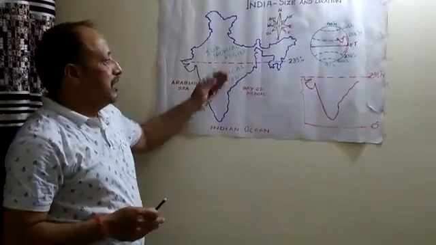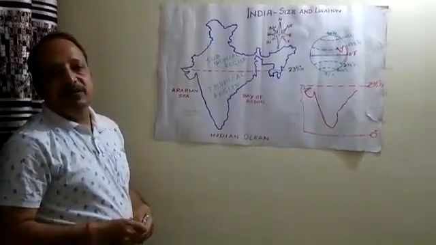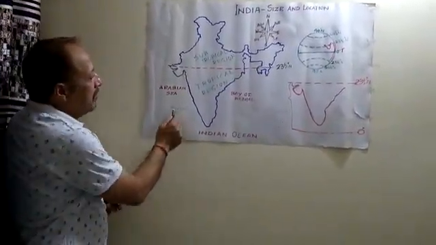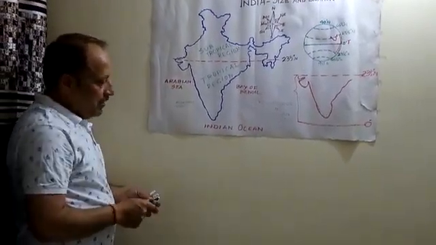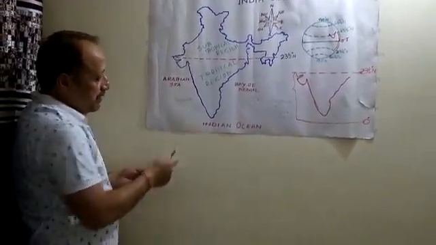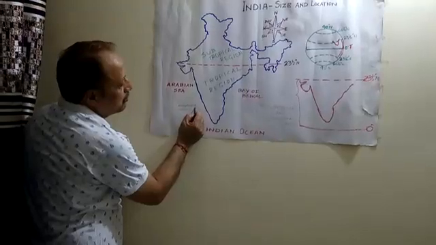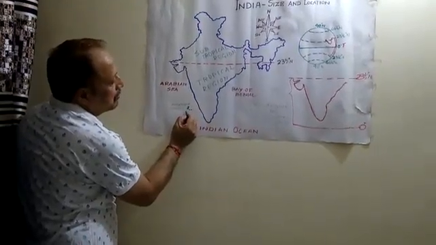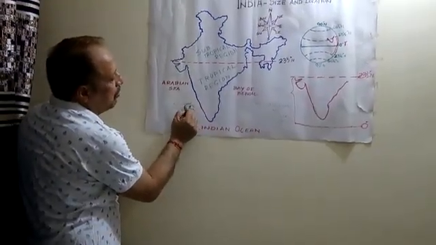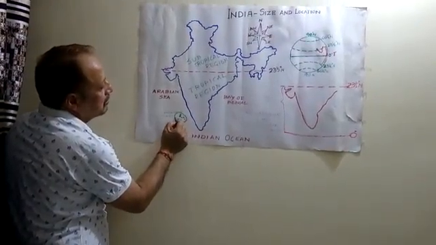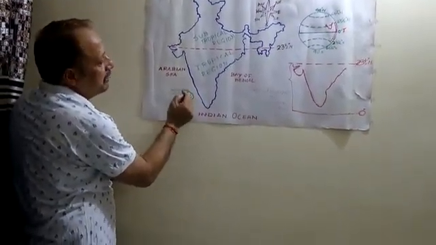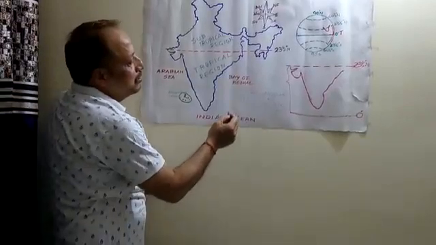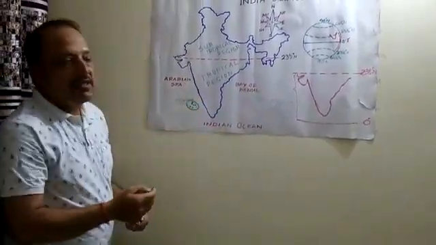Now together we know that India has 2 island groups. One is lying in the Arabian Sea. Off the coast of Kerala, we have the Lakshadweep Islands, which lie in the Arabian Sea.